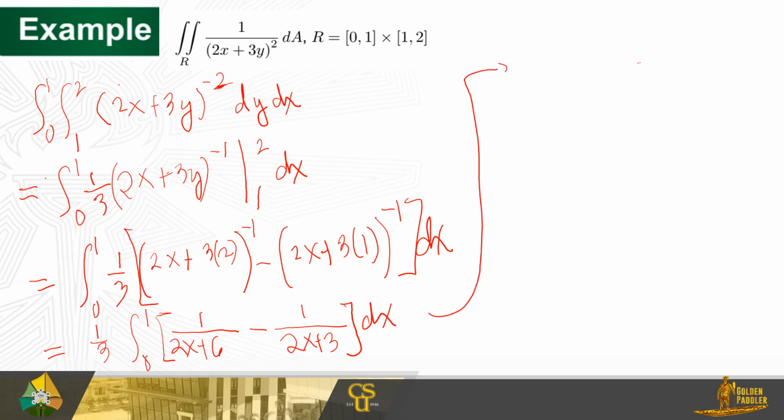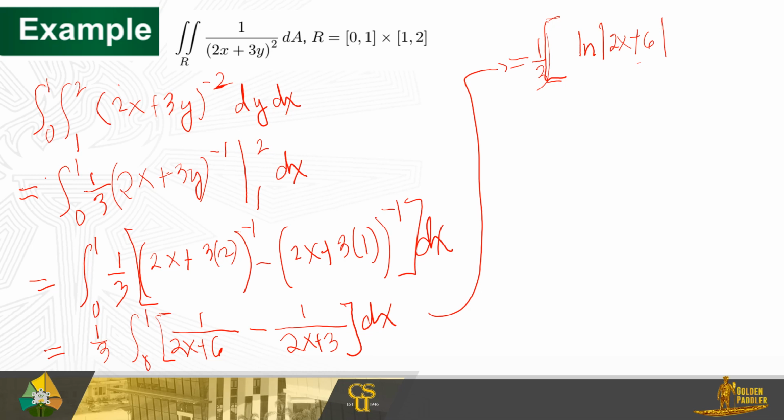So magiging 1/3 times, okay? So yun. So ang integral nito with respect to x will become ln of absolute value of 2x plus 6. Okay? Since magde-derivative pa tayo, no, ng 2x plus 6, so 2x plus 6 derivative niyan with respect to x, that will become equal to 2.